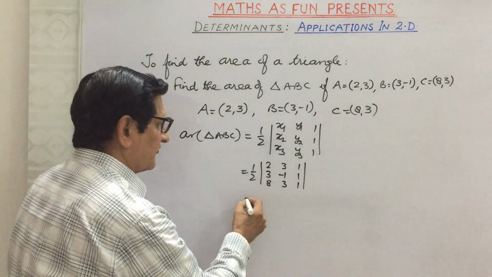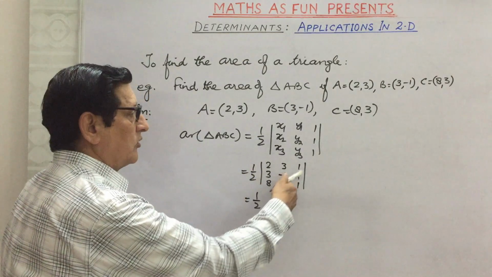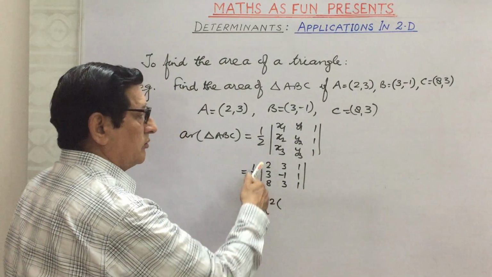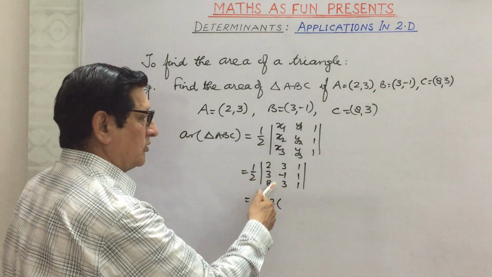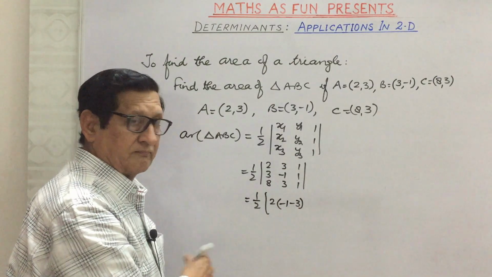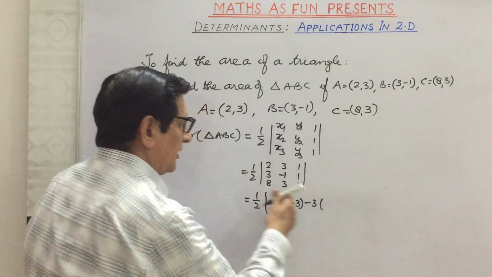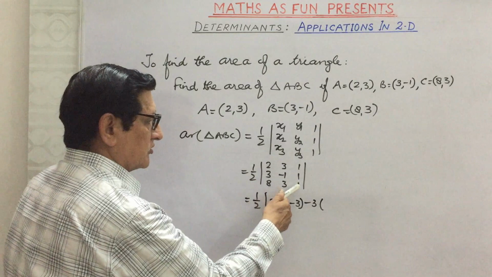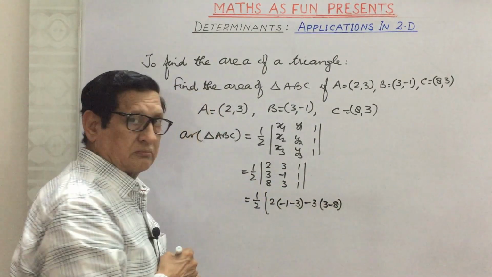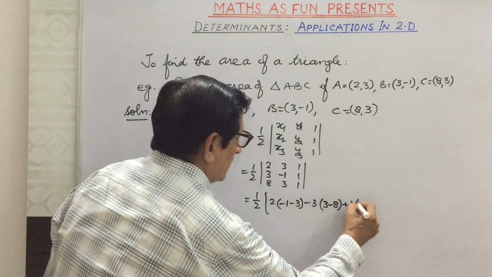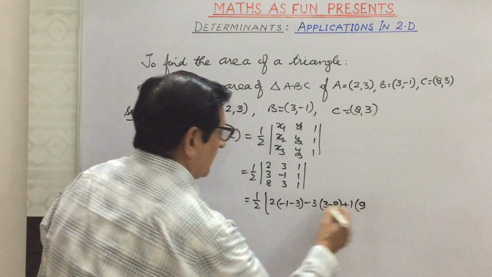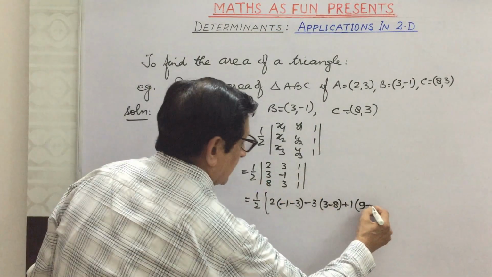Then we can find the value of this expanding along row 1. It will be 2 into, leaving this row and this column, minus 1 minus 3. Minus 3 into, leaving this column and this row, 3 minus 8. Plus 1 into, leaving this row and this column, 9 minus minus 8, that is plus 8.